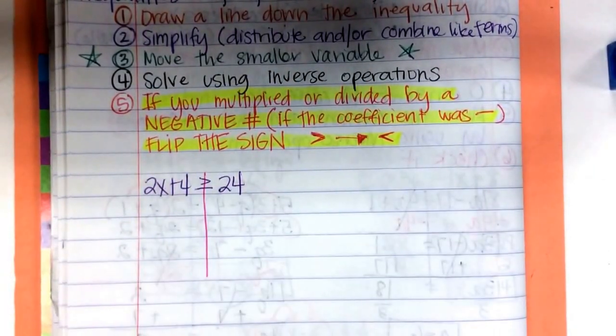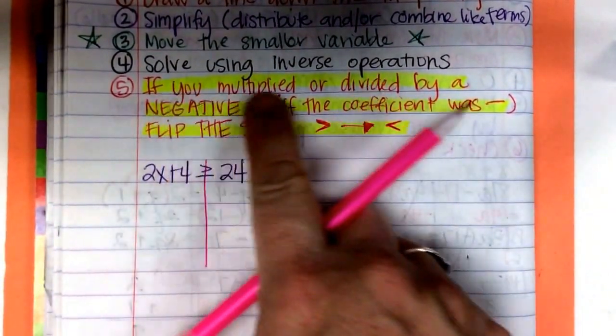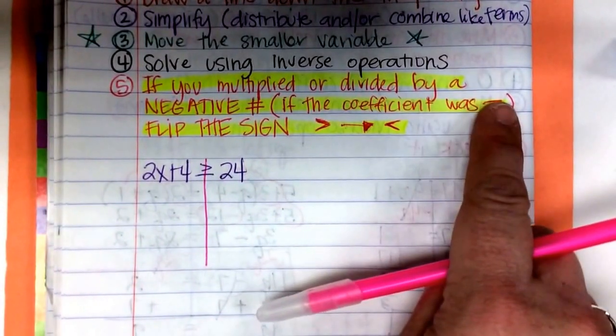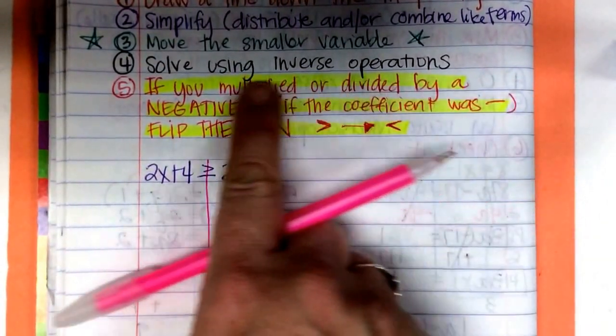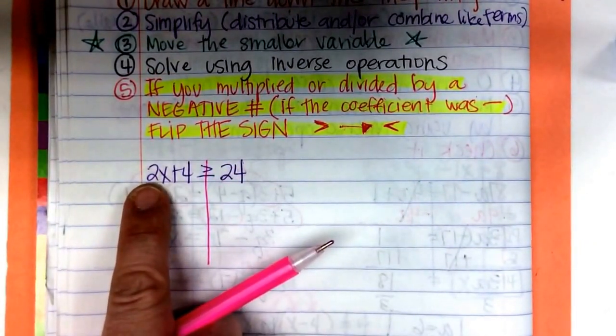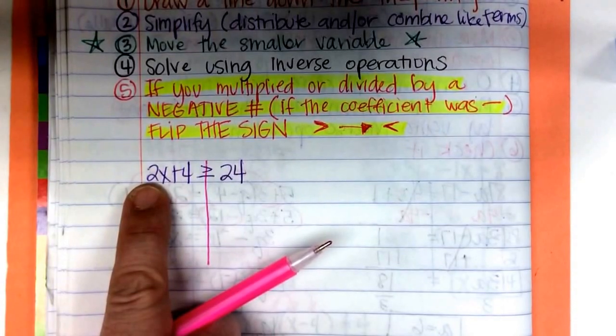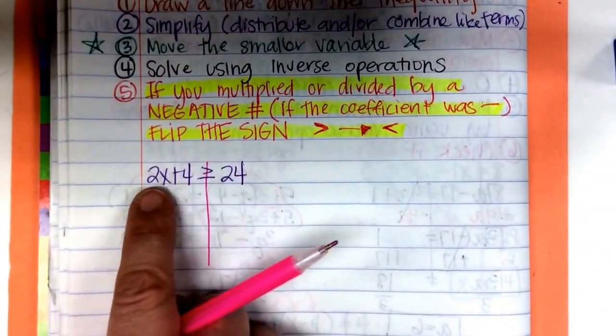All right, so here's my first question, that one that we highlighted. If I multiply or divide by a negative number, is the coefficient negative? No, so I do not need to worry about step number 5 because my coefficient is positive 2.